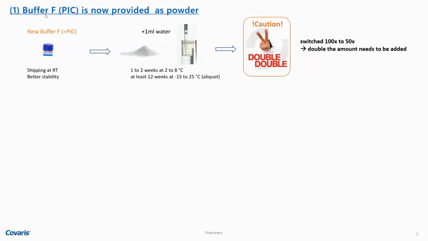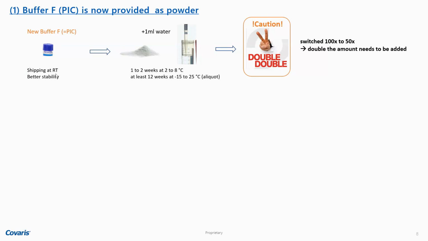So first of all, we are now providing our buffer F, which is the protease inhibitor cocktail, as a powder and not anymore as a dissolved reagent. And this allows us shipping at room temperature and better stability.